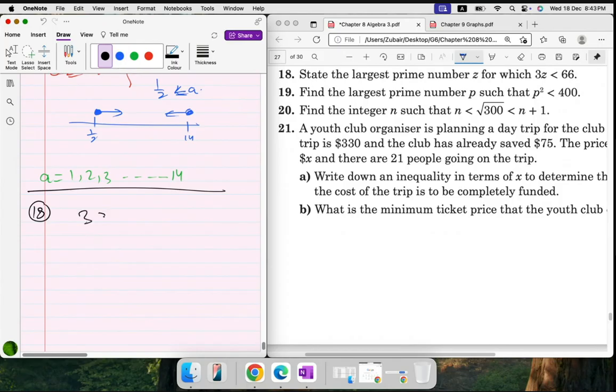Okay, 3z is less than 66, z is less than 22.